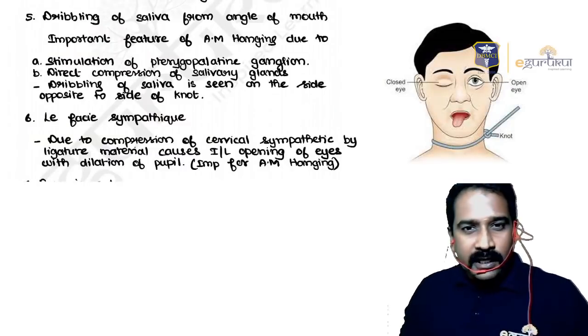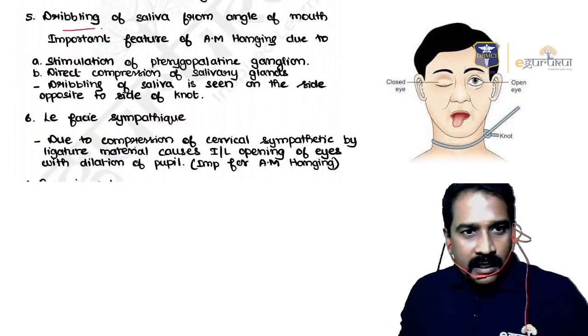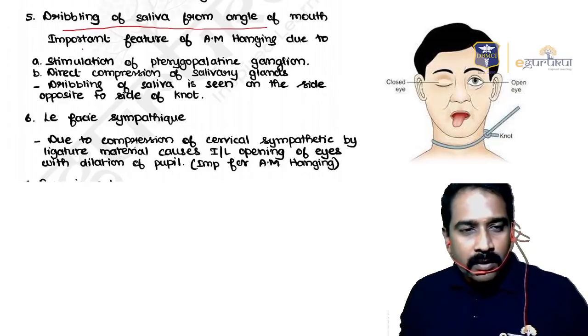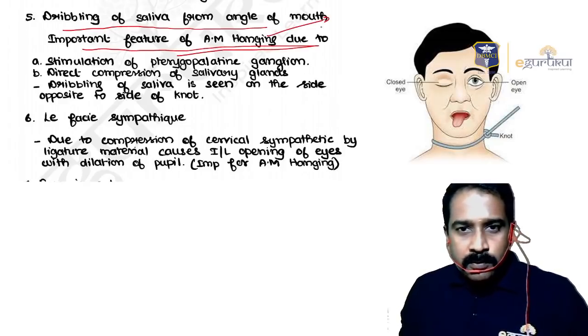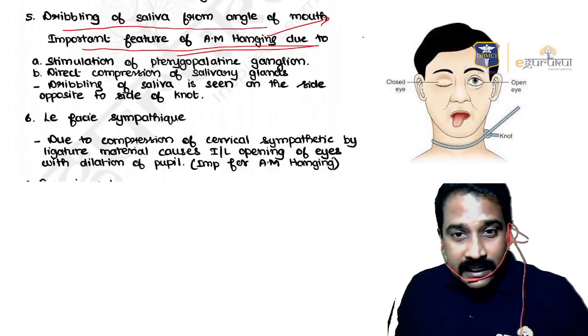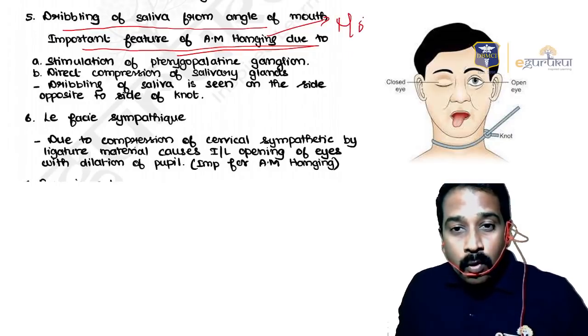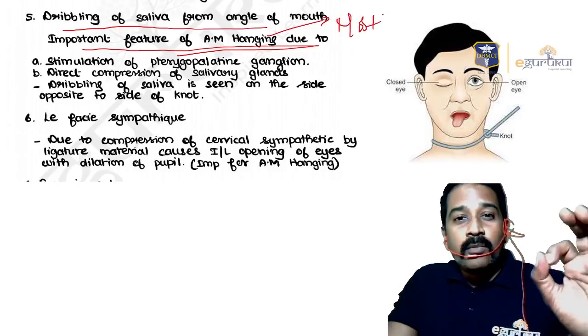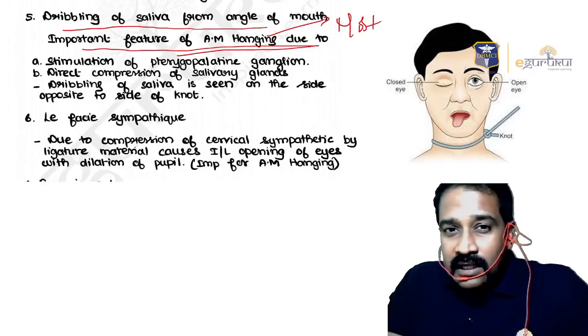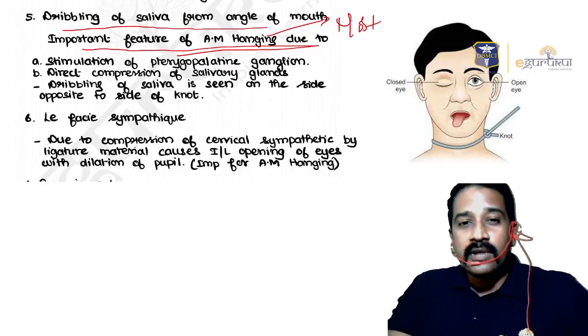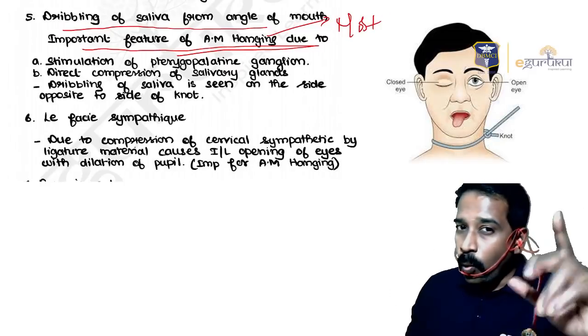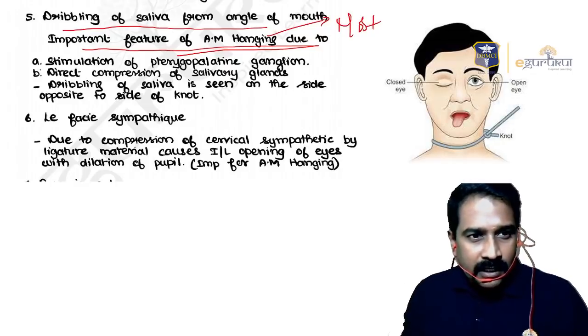Again, the screenshot has been taken from the notes. Dribbling of saliva from the angle of the mouth is an important feature of antemortem hanging. Some textbooks, particularly Anil Agarwal's textbook, say that this is the most important sign of antemortem hanging. Why does this happen? Why is there dribbling of saliva? Two reasons.